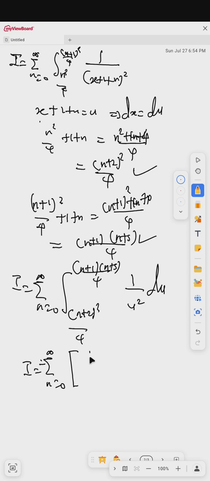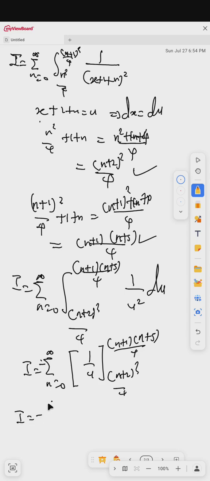So we're going to have 1 over u inside the bracket. Then you apply the limit, (n plus 2) raised to the power of 2 over 4, then we have (n plus 1) into bracket (n plus 5), then over 4 here also. Yeah, that is nice. So we can now substitute the values of u here, that is the limit. Now substituting that, we're going to have I equals negative summation of n from 0 to infinity.